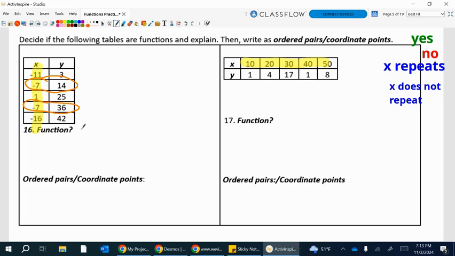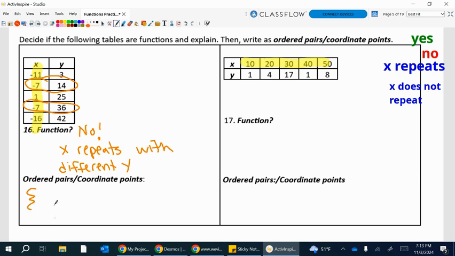So that means this one is no, and that's because x repeats with different y.